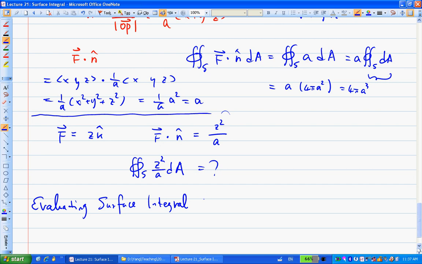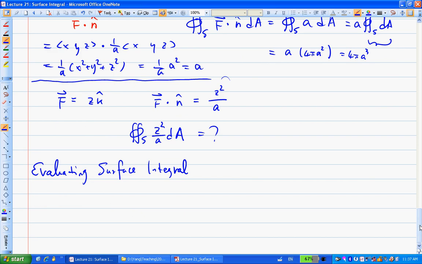If you're very comfortable with double integrals, then the surface integral is no different from a double integral. The only step is what I'm going to show you here: how to set this up properly into a proper double integral format.